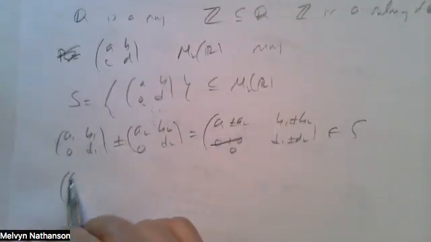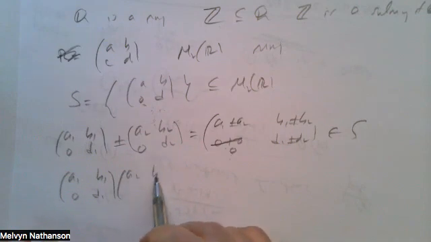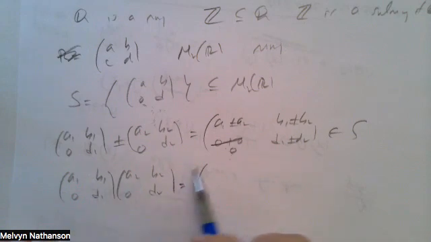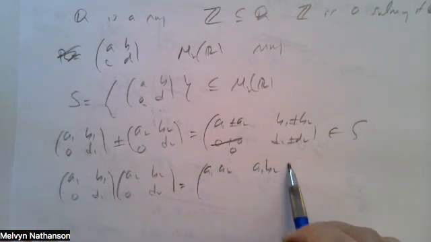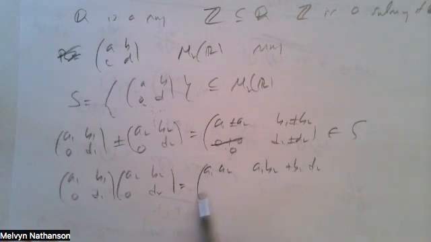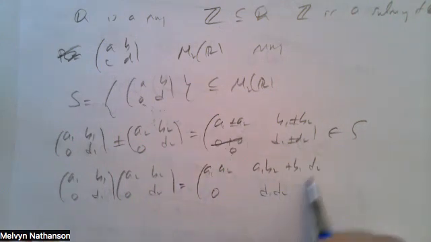But is it closed under multiplication? Let's see. I take (A1, B1; 0, D1) and (A2, B2; 0, D2), and I multiply them. I get A1 A2, A1 B2 plus B1 D2, 0 plus 0, and D1 D2.